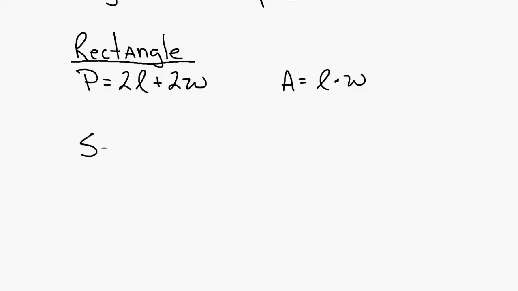In a square, the perimeter is equal to 4 times a side length, because all the sides are the same, right?